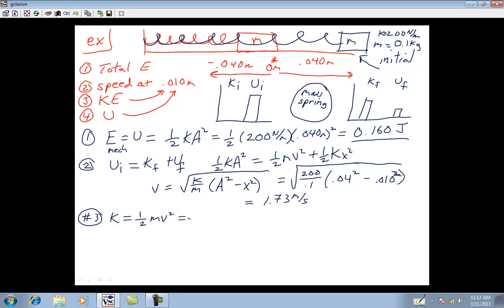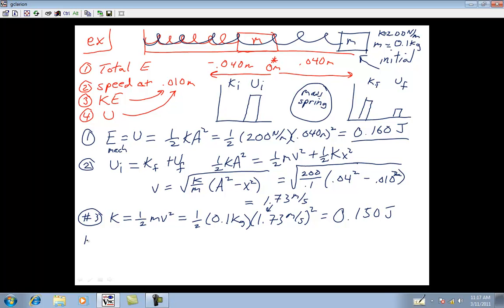So I would plug in my mass, which would be 0.1 kilograms, my velocity, which I got from right there, 1.73 meters per second, and square that. That ends up, Ricky, you got that yet? 0.15. Okay, I'll go up to another significant figure there.